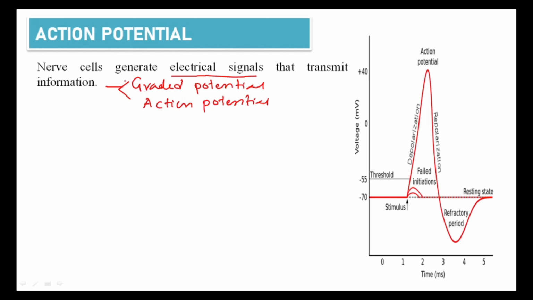Nerve cells generate signals that transmit information. In our last class, we discussed the difference between the graded potential and action potential.